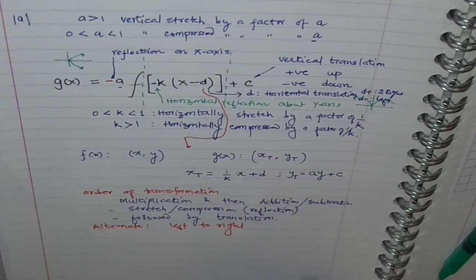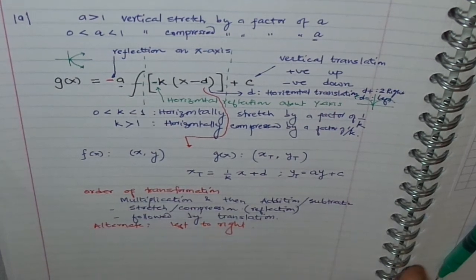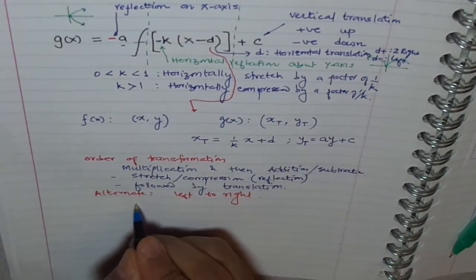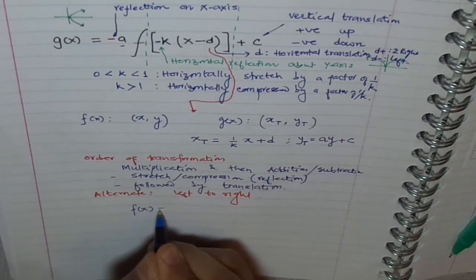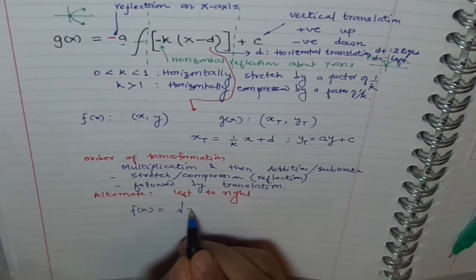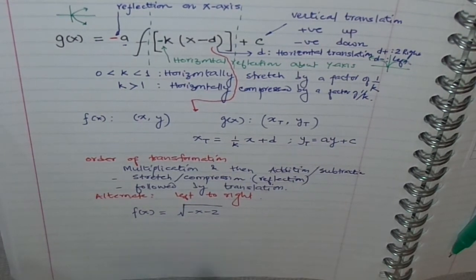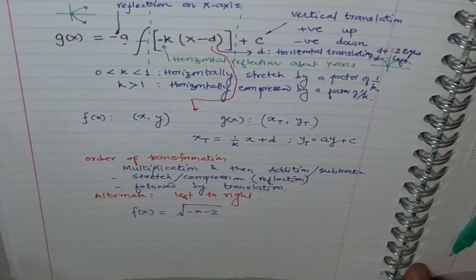Okay, let me give you one example. For example, let's say we have a function f(x) equals square root of minus x minus 2. I am purposely taking this function because many times I have seen students making this mistake.